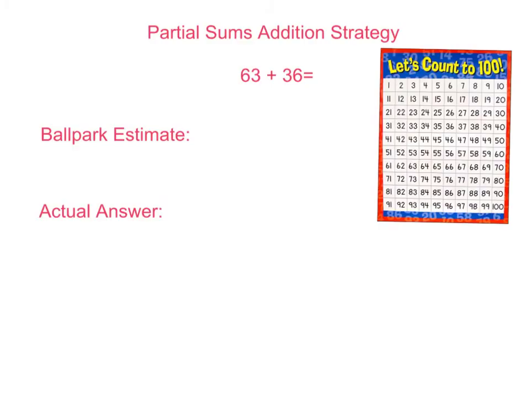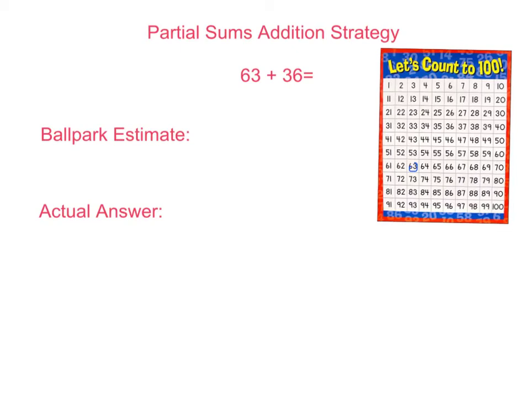Okay, let's try doing all of this. Let's try defining the ballpark estimate first, and then solving to find the actual answer using the partial sums addition strategy. So starting with my ballpark estimate, I am thinking 63 plus 36. So I'm looking at 63 on my number chart.